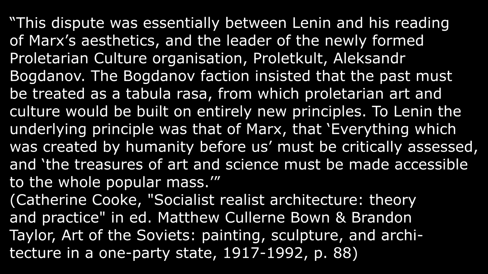The Zhdanov faction insisted that the past must be treated as a tabula rasa, or an empty slate or a blank slate, from which proletarian art and culture would be built on entirely new principles. To Lenin, the underlying principle was that of Marx, that everything which was created by humanity before us must be critically assessed, and the treasures of art and science must be made accessible to the whole popular mass."